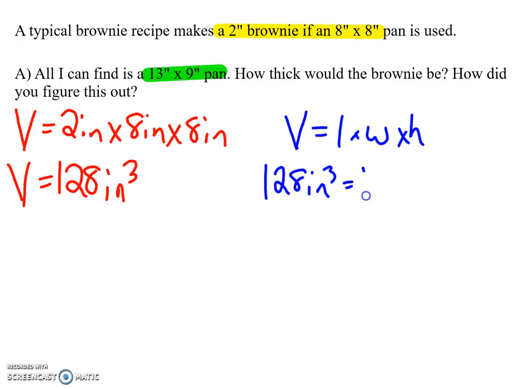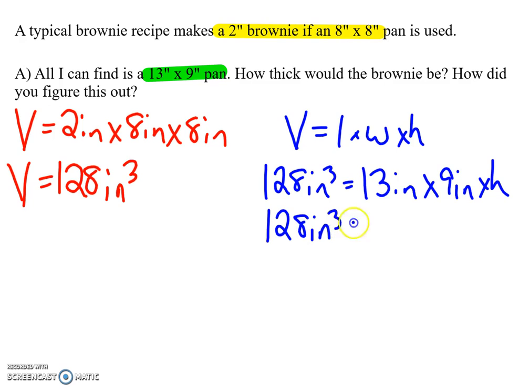I have my length and my width, 13 inches by 9 inches, and I don't have my height. So here I have 128 cubic inches will equal 117 square inches times height. So I'm going to divide both sides by 117 square inches.